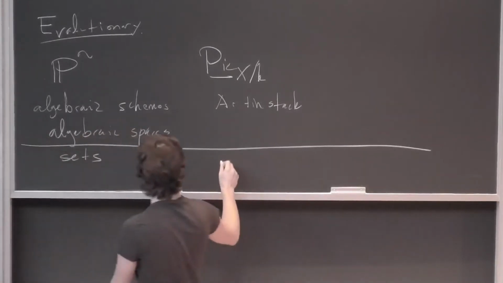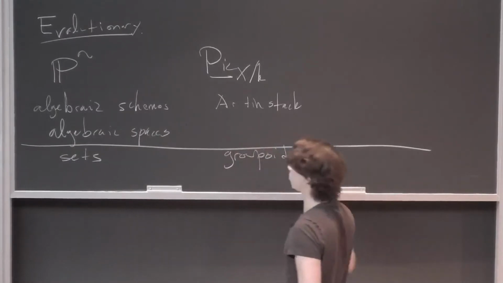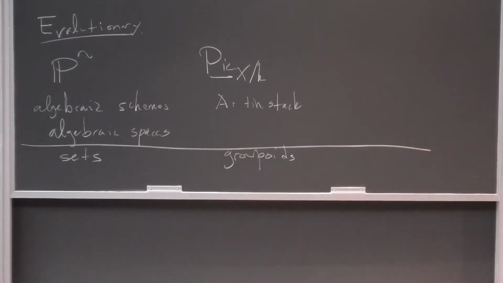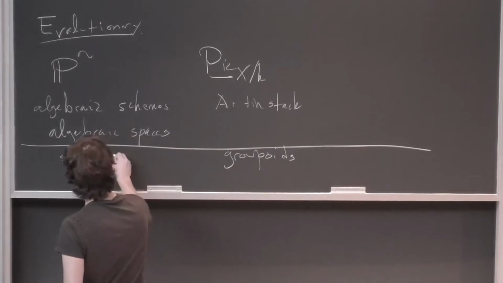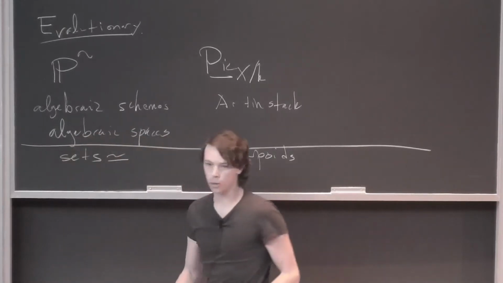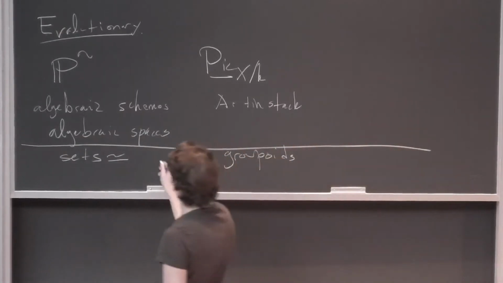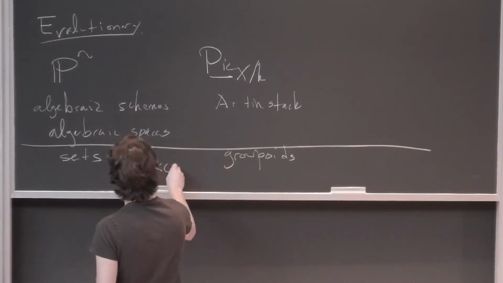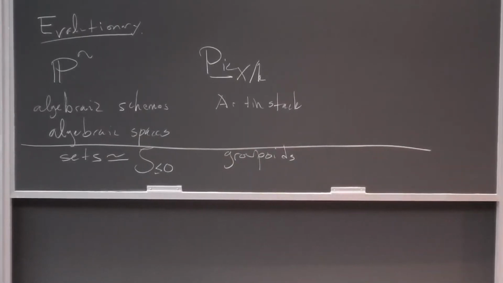And these are étale sheaves of groupoids in some appropriate sense. And to make the next move, what we want to really do is view this category of sets as equivalent to the category of discrete topological spaces. So I'm going to write that as S_{≤0}. The less than or equal to 0 just means that there are no higher homotopy groups. So each component is just contractible.